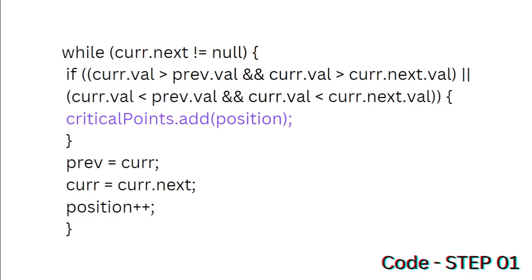Here position specifies the index, not the particular value. Once we add it, we change previous to current, and current to next, and the position, which is the index value, is incremented. Since the index is one-based, position is initialized with 1.